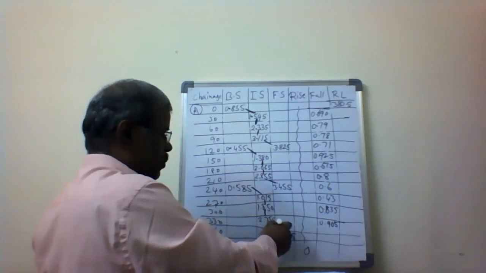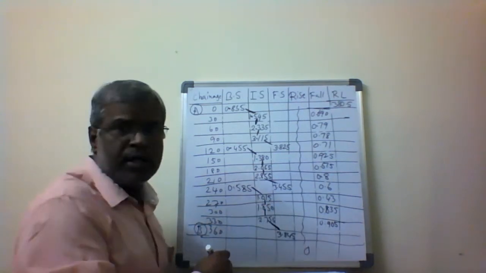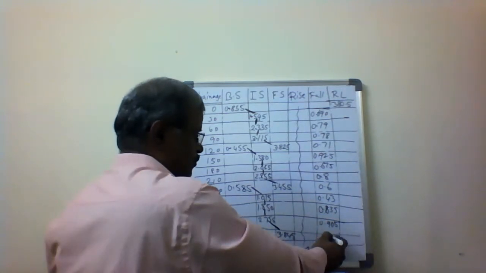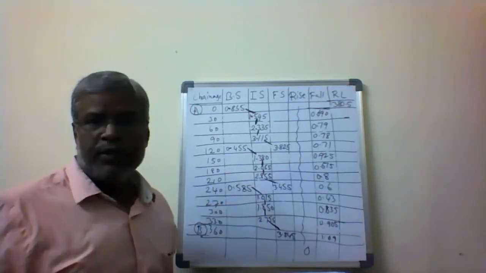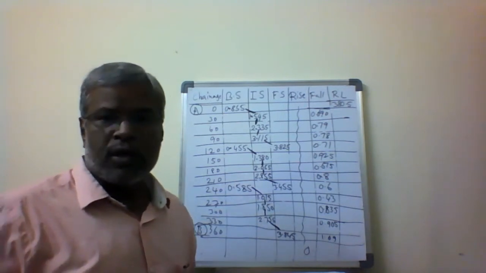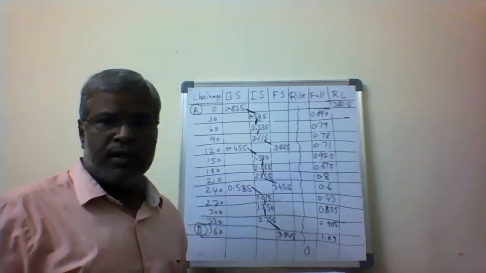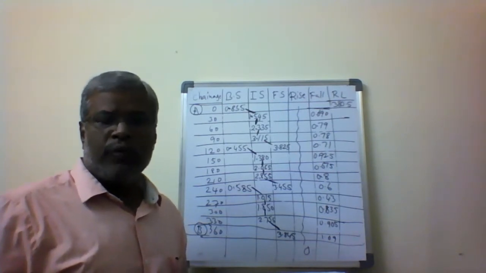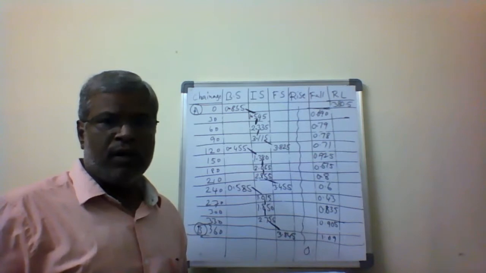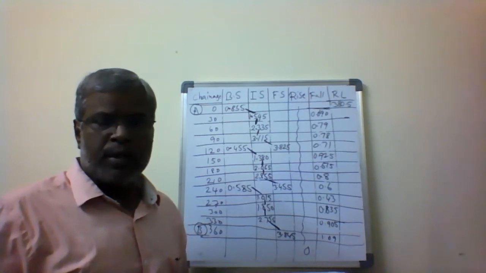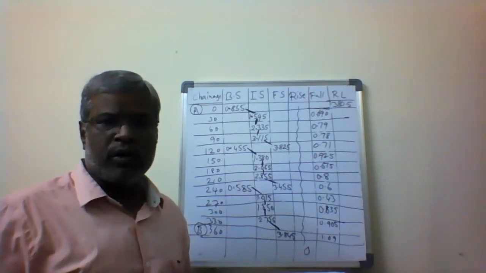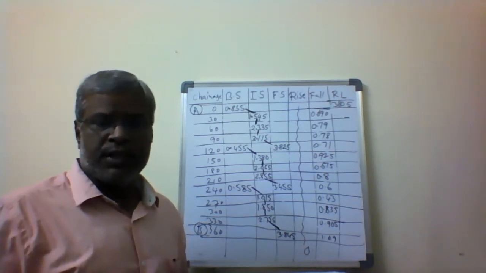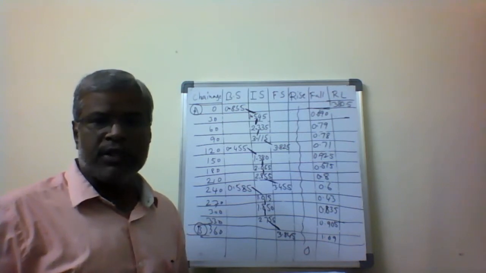And the last one is 2.755 minus 3.845, which is 1.09. Because of the sloping ground, all of it comes under the fall. Once we find the rise or fall, we can calculate the reduced level or elevation of the points at 30 meters, 60, 90, 120, 150, 180, 210, 240, 270, 300, up to 360 meters.